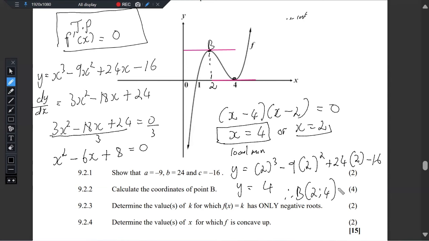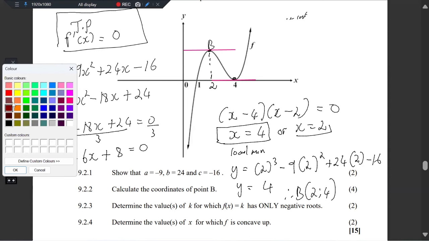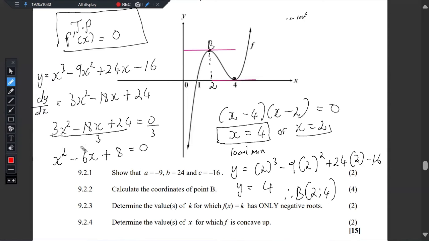Okay, so 4 marks for that. Again, where were the marks being given? So for 9.2.2, there was a mark awarded for the derivative. And then having to find the factors, so this here was a mark.